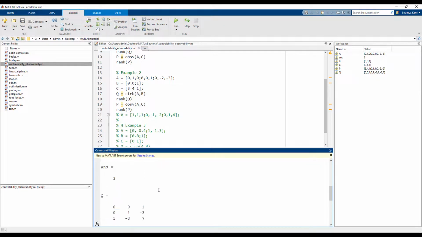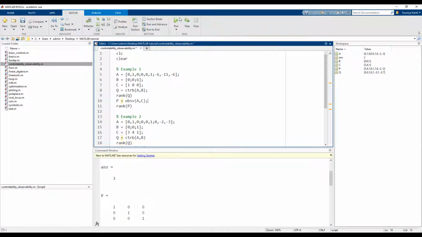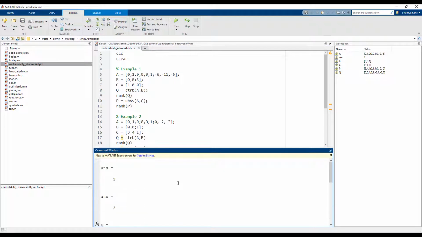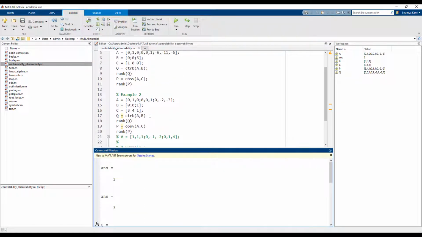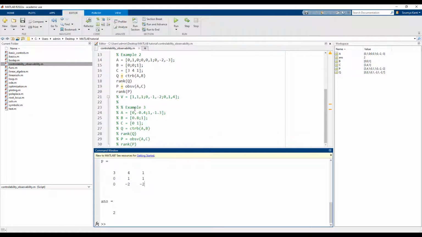I will comment these things out. So this is the controllability matrix, and you can see the rank is 3. This is the observability matrix, but the rank is actually 2. So this system is controllable, but it is not observable.